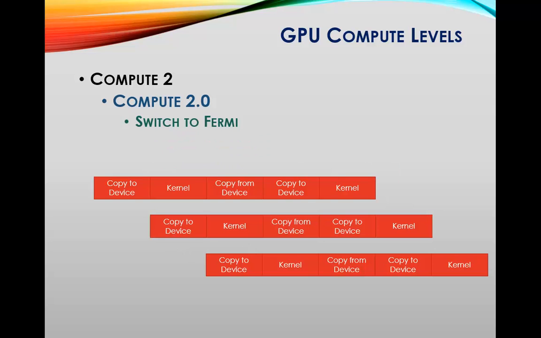Dual copy engines, also introduced in Compute 2.0, allow us to extend the dual buffer example from Compute 1 that we saw earlier to multiple streams of processing. So basically, you can think of n independent kernels being executed in a pipeline fashion. For example, once stream 0, the top stream, copies its data to the device and then runs its kernels, stream 1 will be able to copy its data to the device.